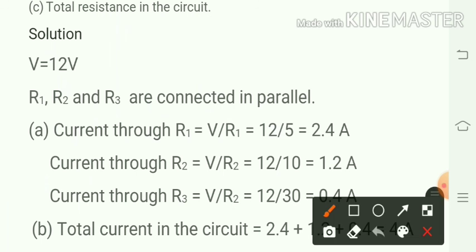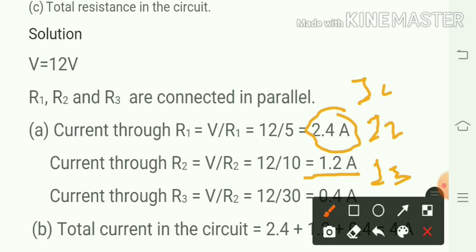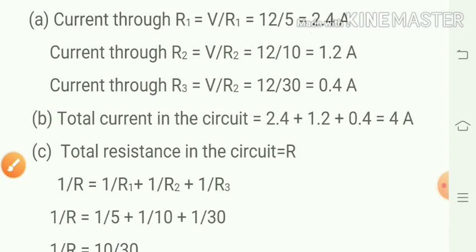According to this, we can calculate the three values I1, I2 and I3. From this, we get the value of I1 as 2.4 ampere, I2 value is 1.2 ampere and I3 value is 0.4 ampere.